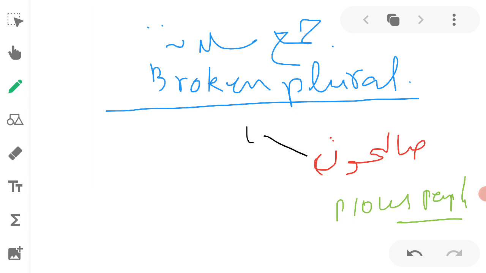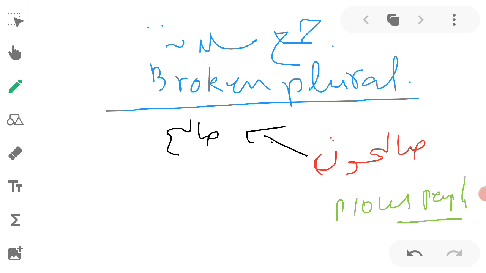The second condition is that its singular is from its own words. So singular is salih, so basically you just add waw noon to make a plural. So it has a singular from its own word, and it has neither ta tanis nor ya nisba, so there's no problem there at all. It fulfills all the conditions of a normal plural.